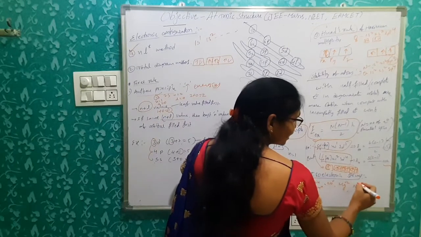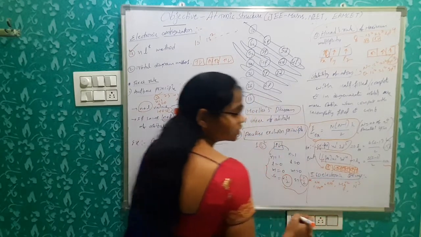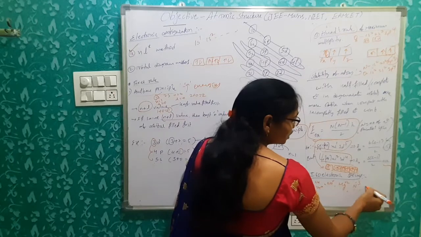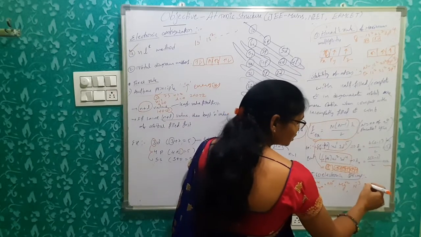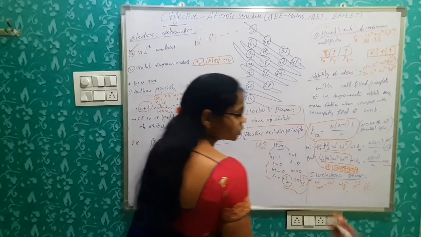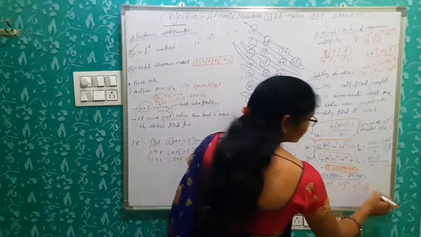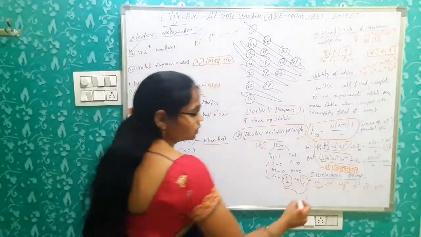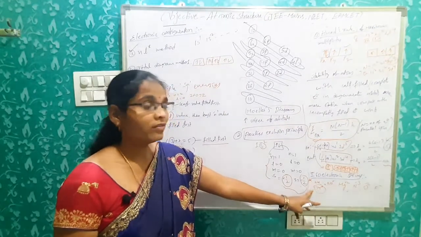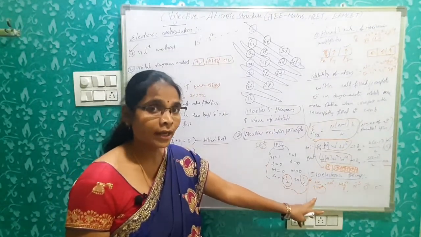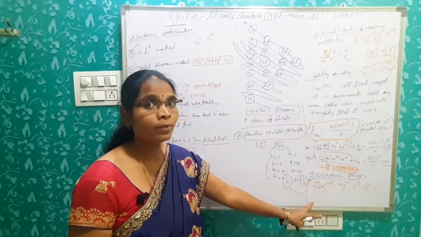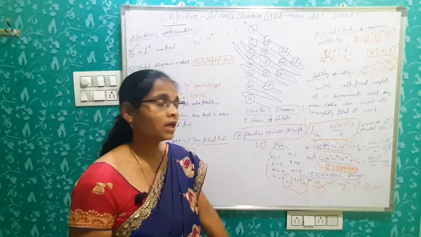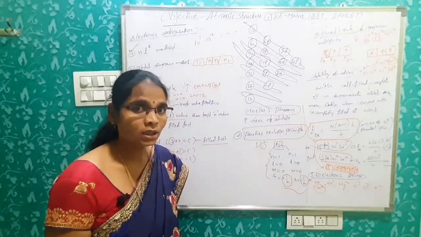Nitrogen has only 7 electrons, and by taking 3 electrons it has 10. Oxygen has only 8 electrons, and by taking 2 electrons it also has 10. F minus also has 10 electrons. So a group of atoms or ions with the same electronic configuration or same number of electrons is known as isoelectronic species. Clear?